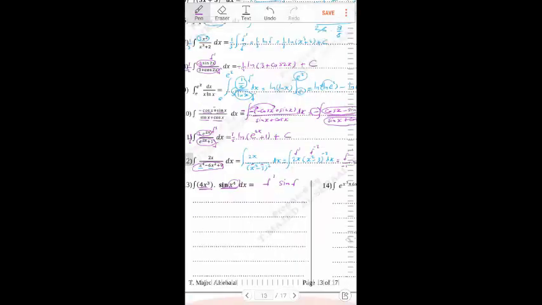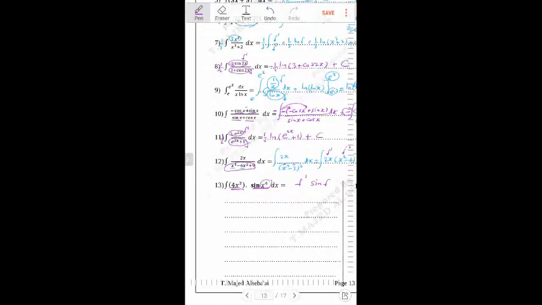See, say let u equal x to the power of 4. What if I find du over dx? I will differentiate. It is 4x cubed, right?